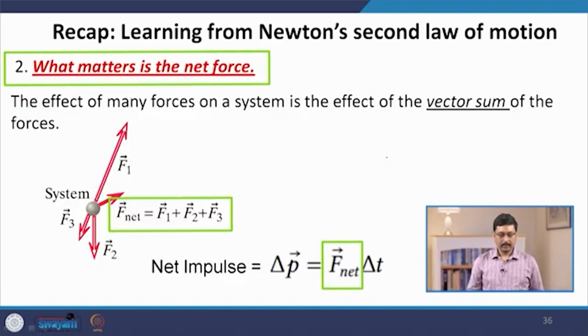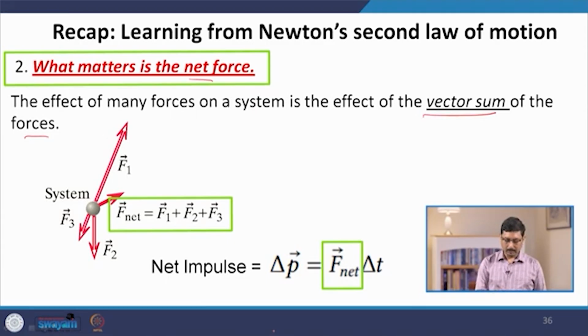The second message from Newton's second law is that what matters is the net force. What causes acceleration is not the individual forces acting on the system, but the vector sum of all the forces.